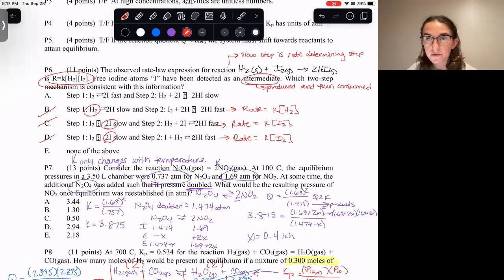So now we're left with none of the above or A. So now we have to check A. For A, step 1 is fast, so that's an equilibrium. But then step 2 is our slow step. So what would be the rate law for our slow step?